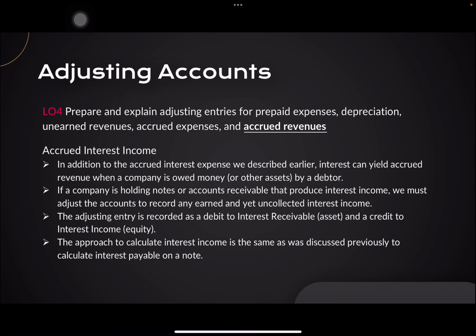So here is another type of accrued revenue, one relatable to interest that is generated from our asset accounts. So accrued interest income, as we described earlier, means interest can yield accrued revenue when a company is owed money or other assets by a debtor.